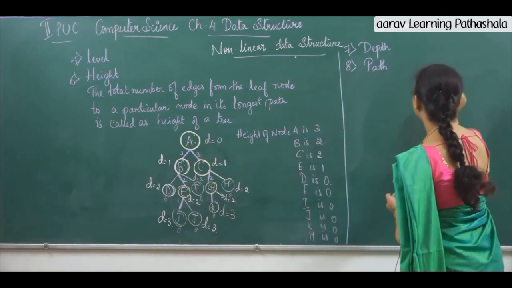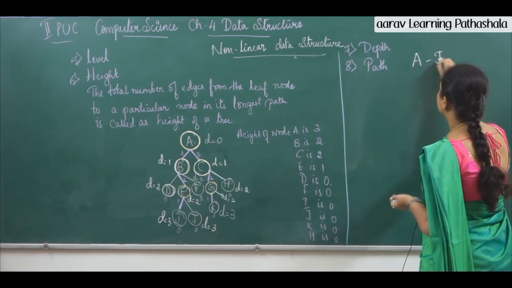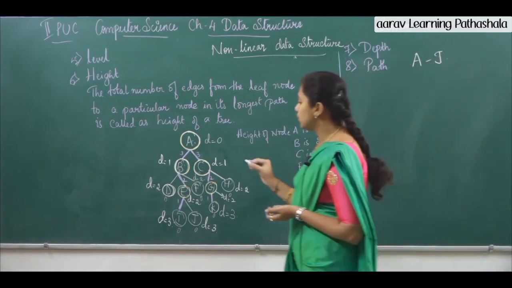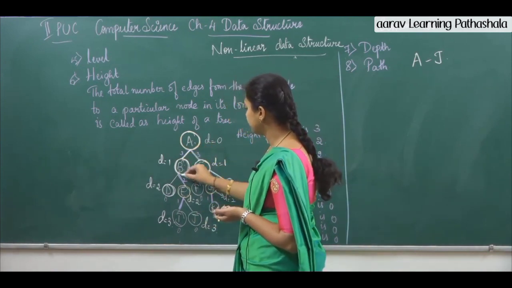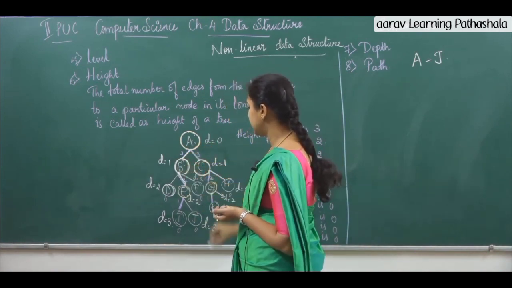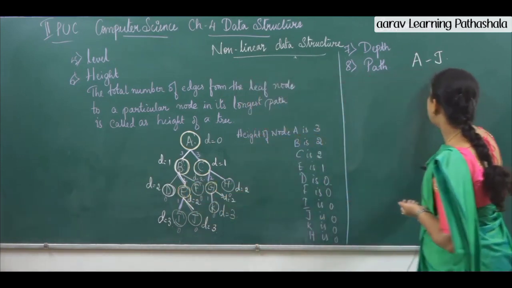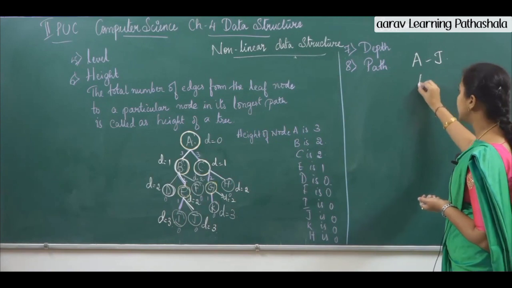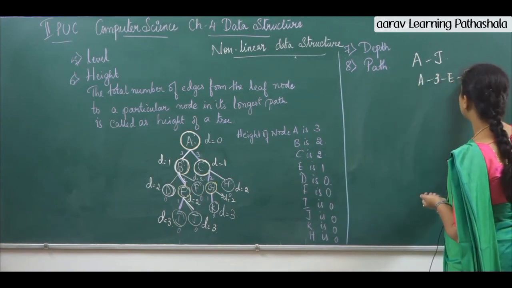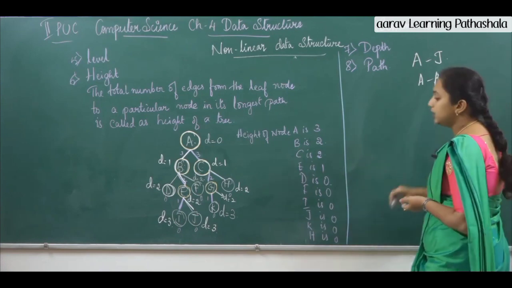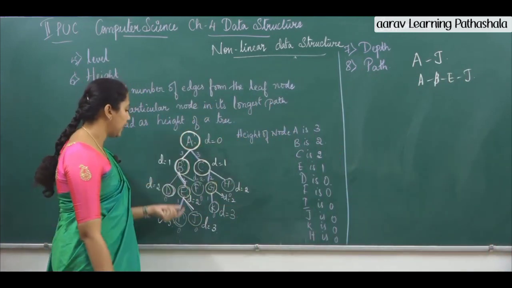Path from A to J is A to B, B to E and then E to J. So, this is the path between A and J.